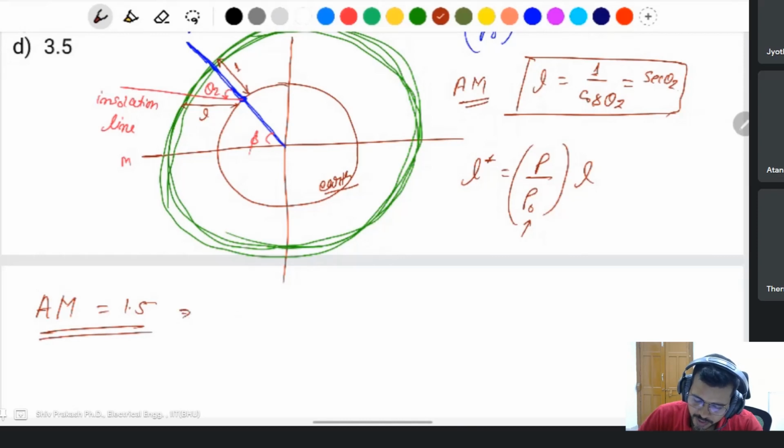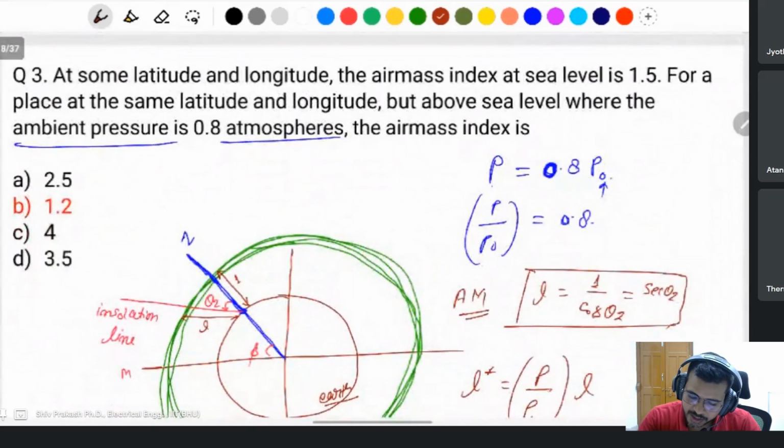See, this one will be the pressure also calculated. This one is the L, 1.5, and at the same place, the same latitude and longitude, but above the sea level, where the ambient pressure is 0.8 of the atmospheric pressure.